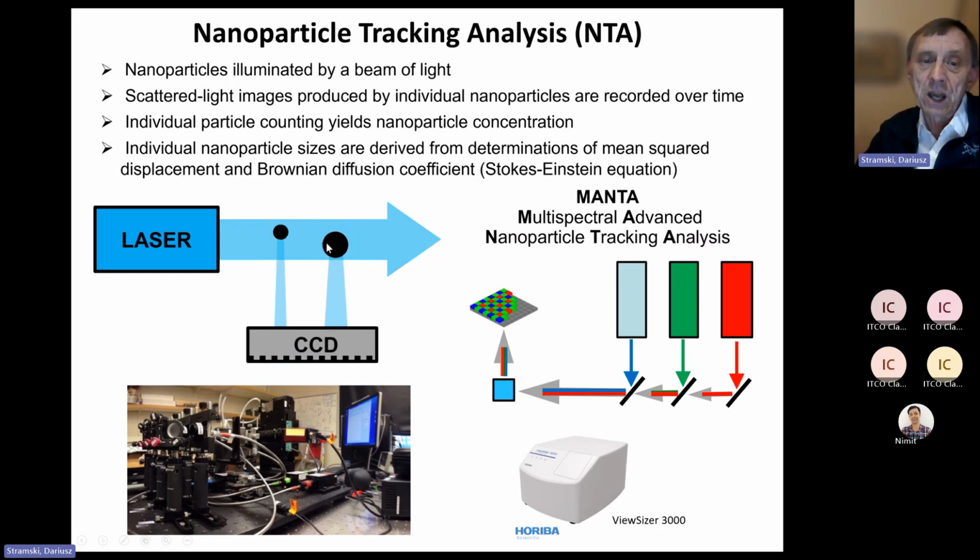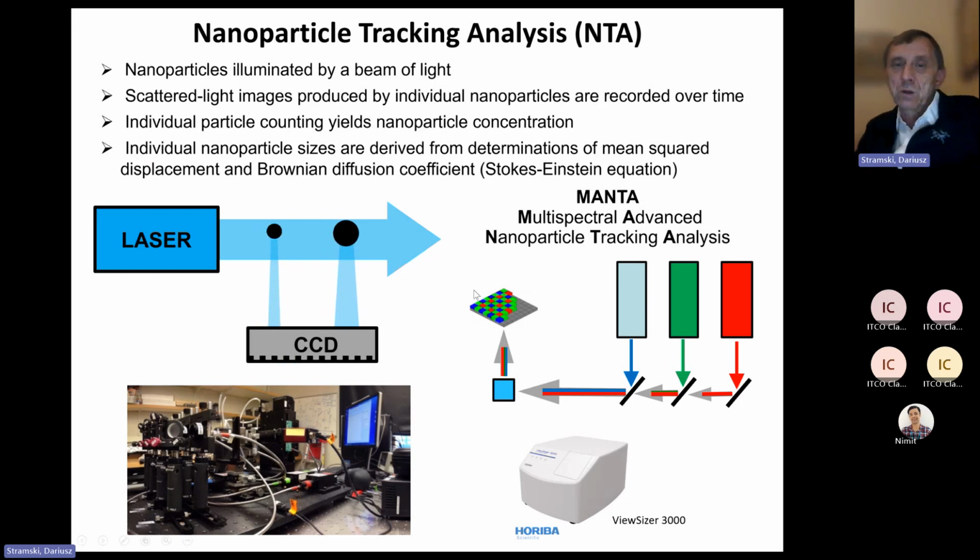If you also have calibrated volume of measurement, you can calculate the concentration.